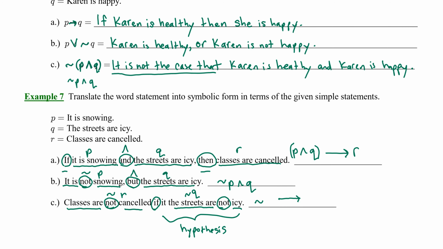So if the streets are not icy, the conclusion is classes are not canceled. That goes on the right side of the conditional. So again, the statement that follows if is the hypothesis. It has to go on the left side of the conditional. The other part is the conclusion, and it is the result of that condition, right? The result of the streets not being icy, and that one goes on the right side.